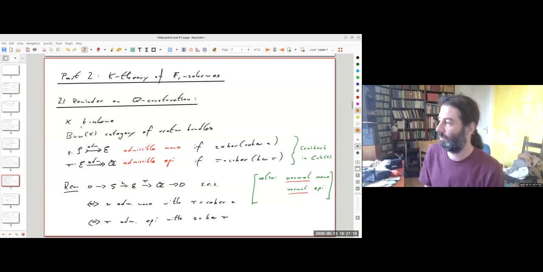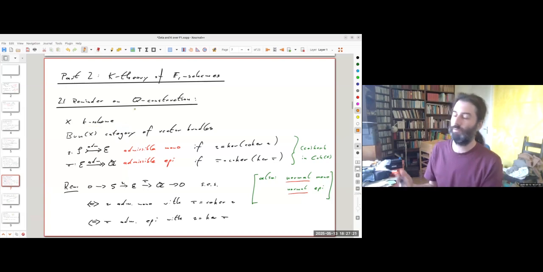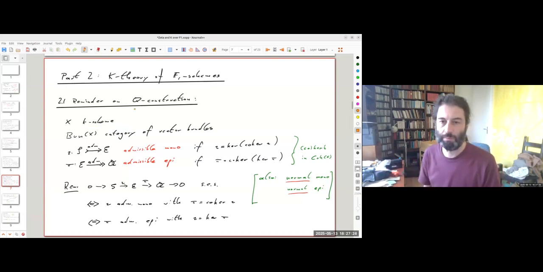So if we have a K scheme, and you can think of K as your favorite field at the moment, later it will be F1. Then first we look at the category of vector bundles.